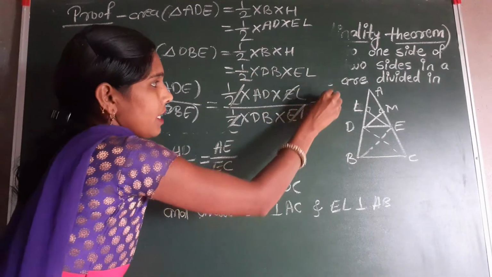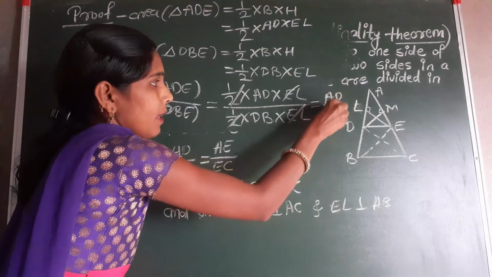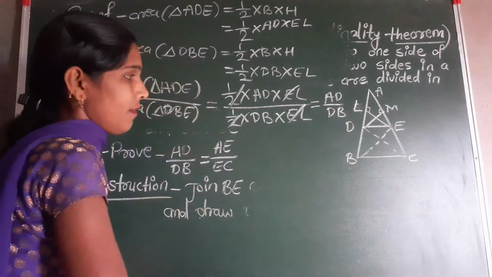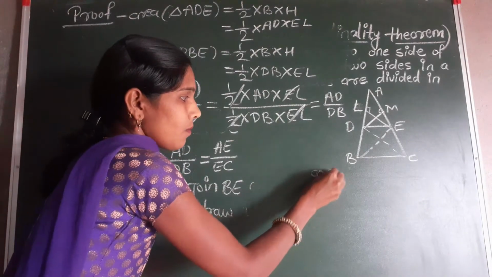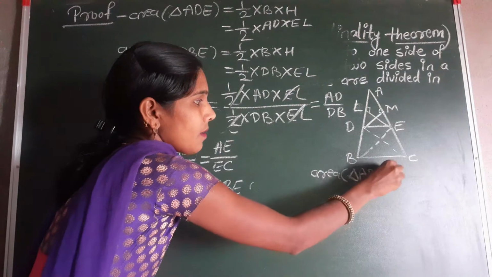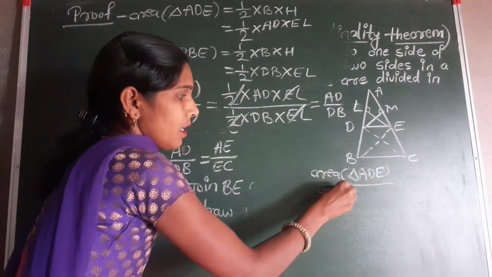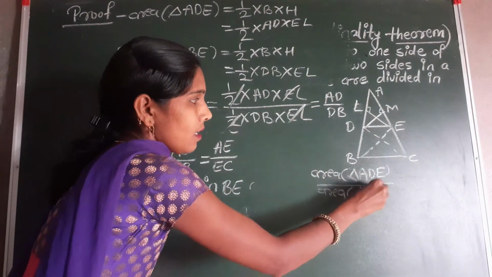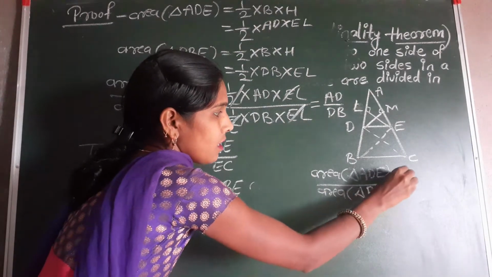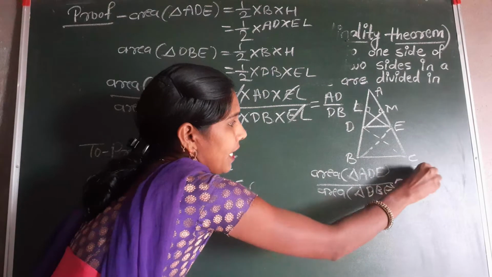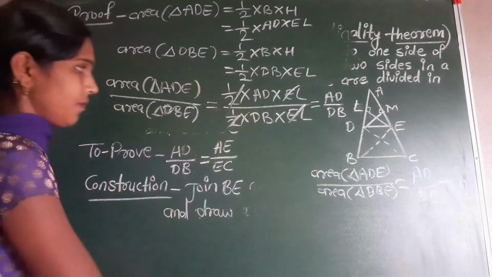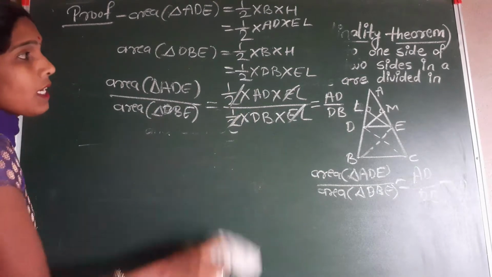We got here AD divided by DB. Yes, I will write here: area of triangle ADE divided by area of triangle DBE is equal to AD divided by DB. This is equation 1.